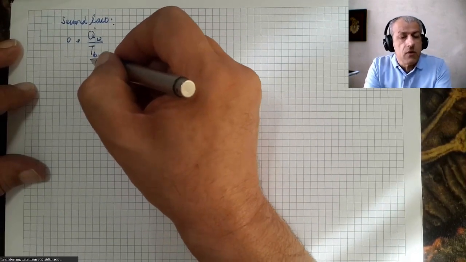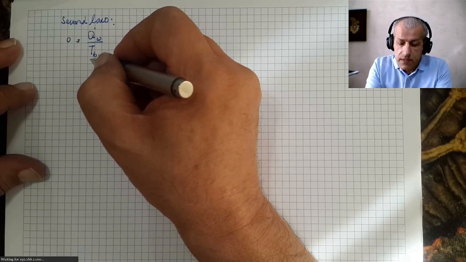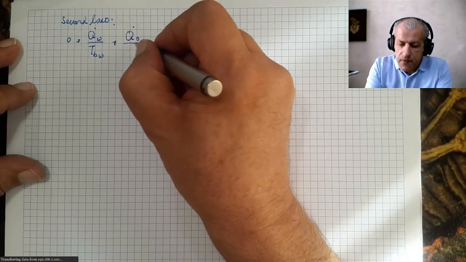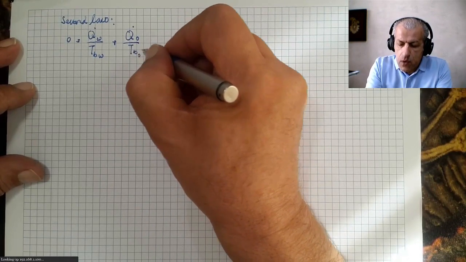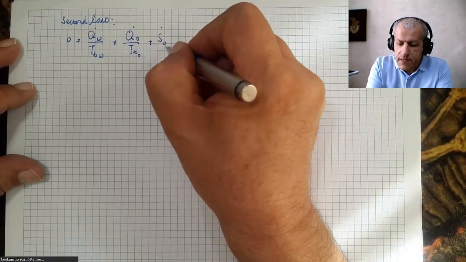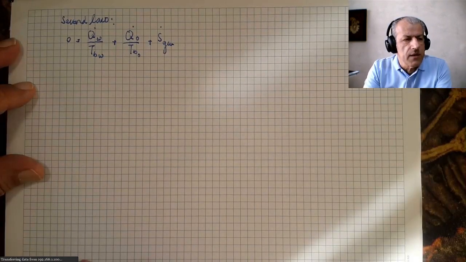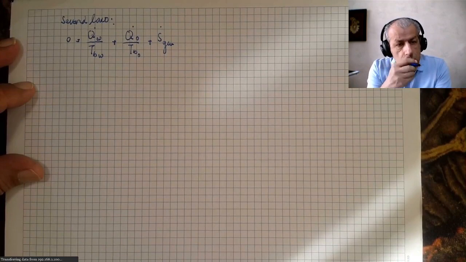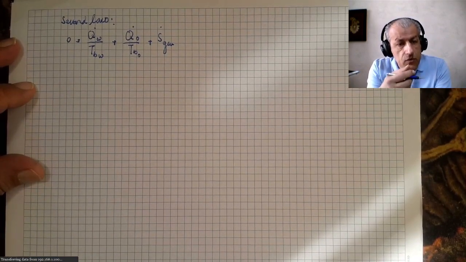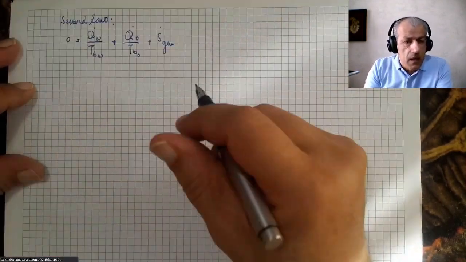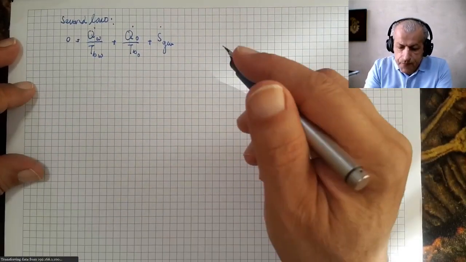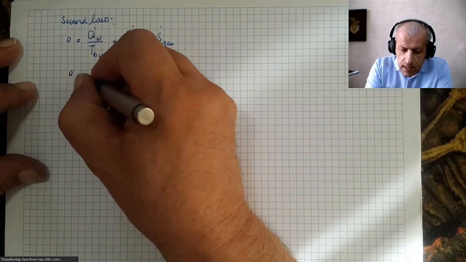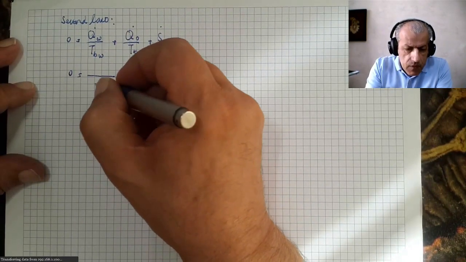This is that equivalent temperature that we once discussed, plus Q dot oil divided by TB oil, and plus S dot gen, which is the generated entropy for this heat transfer between two boundaries of different equivalent temperatures. And so we know all the values for this equation.